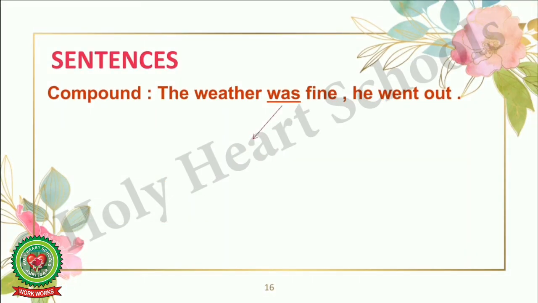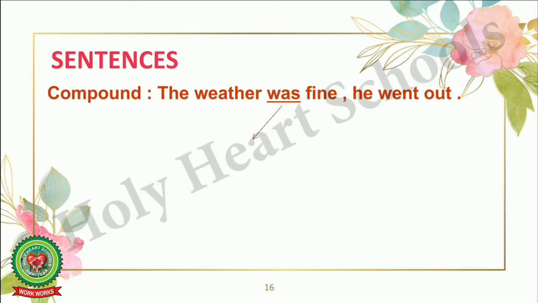The weather was fine, he went out. Students, in the statements where you will find is, am, are, was or were, then you have to convert these words into being. Now see the sentence again. The weather was fine, he went out.